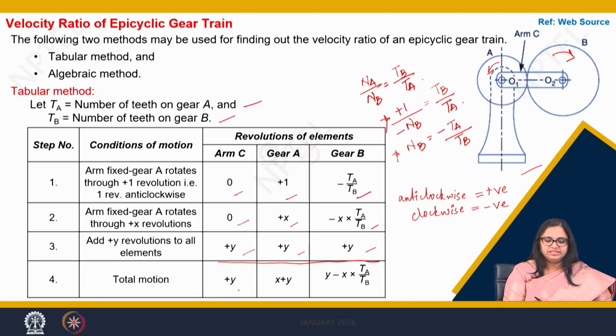When we add this column, it gives us +Y. When we add this column, we take the variable components, so we have X plus Y, and in gear B we have Y minus X TA by TB. So if we get to know what Y or X is, we will be able to solve for the speed of arm C, gear A and gear B.